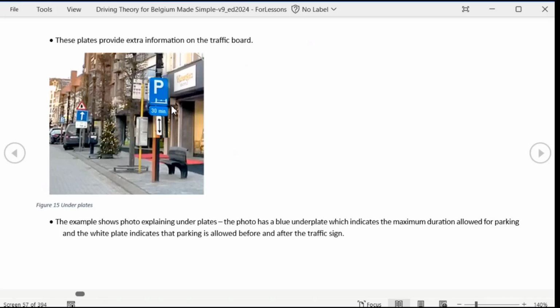For example, as we see here, this is a blue plate which says that the parking is limited to maximum 30 minutes. And this white plate here indicates that parking is allowed on both sides of this board, in the front, after this board, and before this board as well.